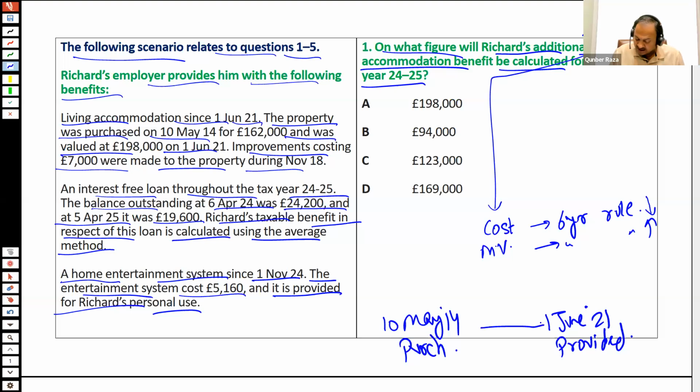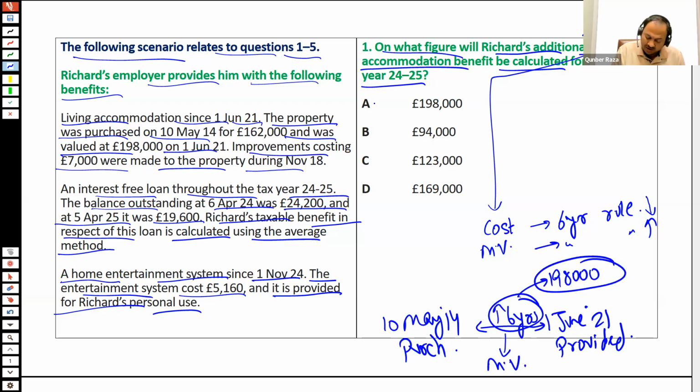Very clearly, it is more than 6 years. Then I have to take up the market value. So the market value of the property is 198,000. Hence, my expensive accommodation would be calculated at 198,000.